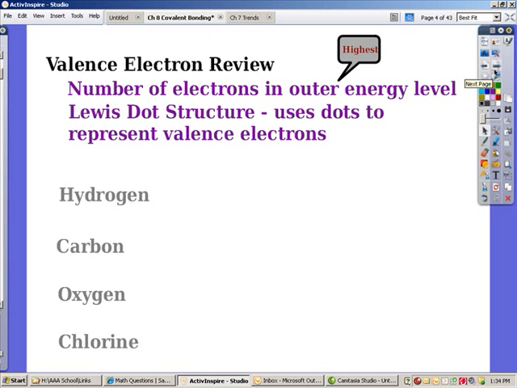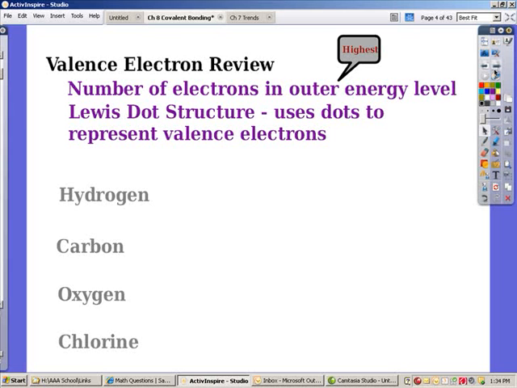All right. So remember with valence electrons, the valence electrons are the electrons in the highest energy level. And of course the Octet Rule says that these atoms, in order to bond, will rearrange their valence electrons in order to achieve this stable octet.